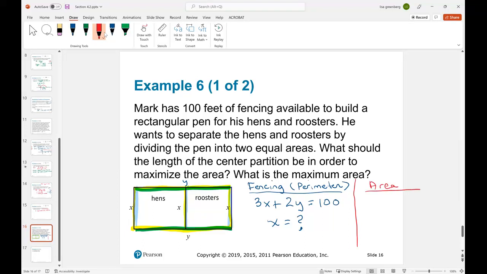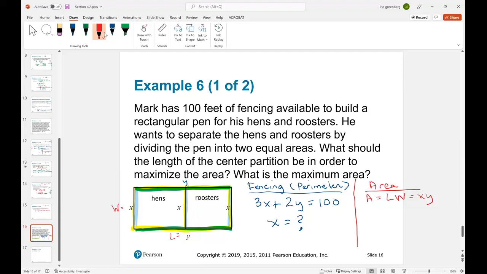And the area is equal to length times width. In our case, if I call this L and I call this W, it would be X times Y, okay?